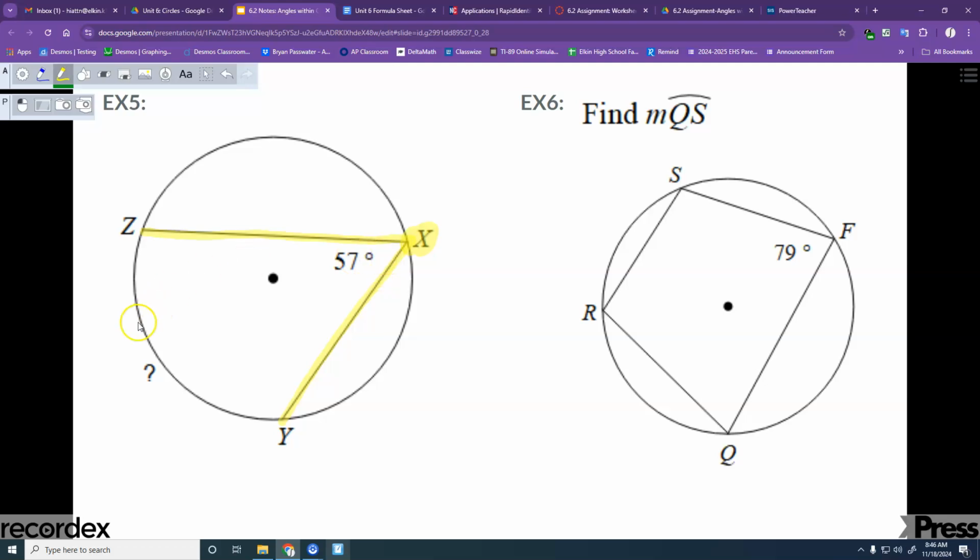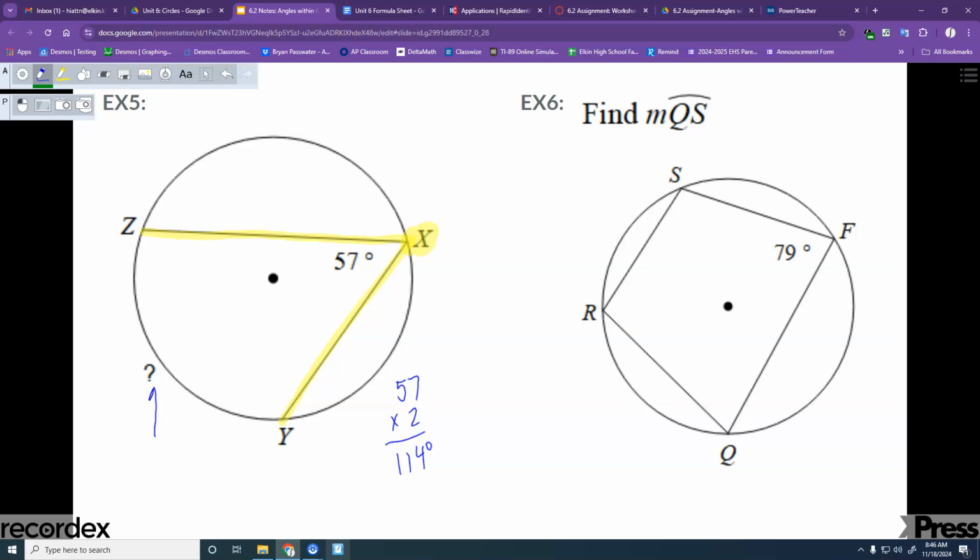What would we do to find this arc? It's not 57. What do we have to do to it, Lily? Multiply by 2. The angle should be smaller than the arc for inscribed angles. So we would do 57 times 2. That is going to give us 114, I believe.